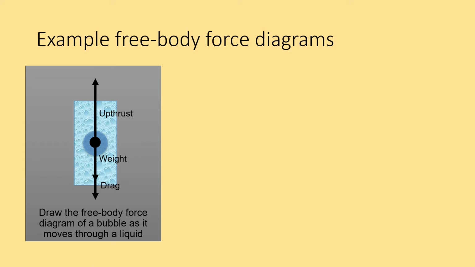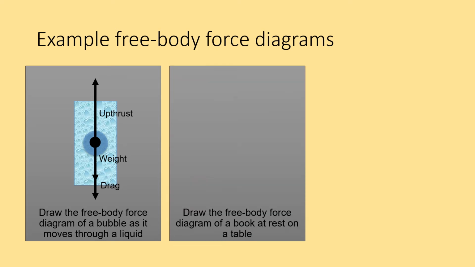It's also going to have some sort of weight attached to it, and the liquid is going to try and resist the flow of the bubble. This is the drag. So we draw a free body diagram. If the bubble is of a gas less dense than the liquid, then the upthrust is going to be bigger than the weight and the drag added together, and your bubble is going to have a resultant force upwards.